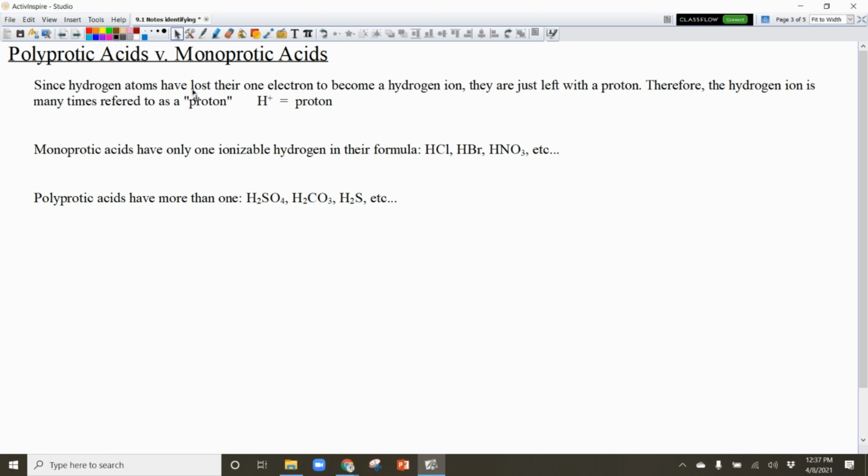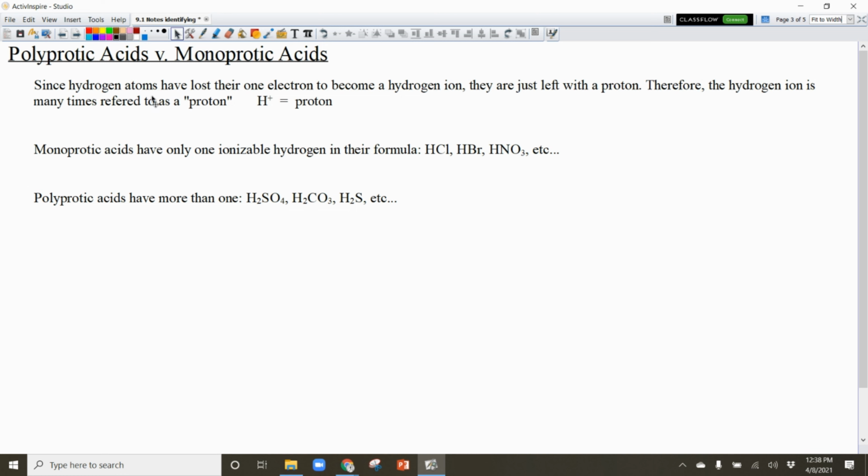Okay. And before we go on to the other theory, let's talk about two vocabulary words, polyprotic and monoprotic. So this prefix here, poly, means many, and protic means protons. So a polyprotic acid is going to have more than one hydrogen that can dissociate from whatever the hydrogen is bonded to.